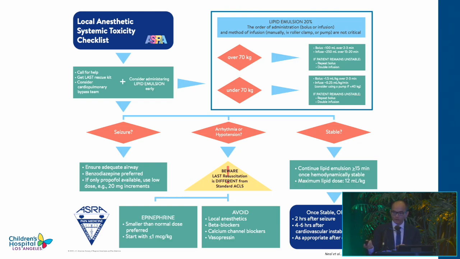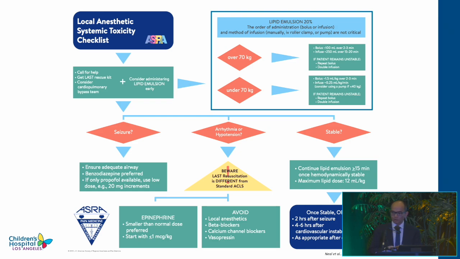So above 70 kilos, you do 100 mL bolus, followed by a 250 mL infusion over 15 to 20 minutes. And under 70 kilos, you do 1.5 per kilo, followed by a 0.25 per kilo per minute infusion. If the patient has a seizure, make sure the patient has an adequate airway, and a benzo is preferred. If not, then you can use propofol, less than 20 milligrams at a time.